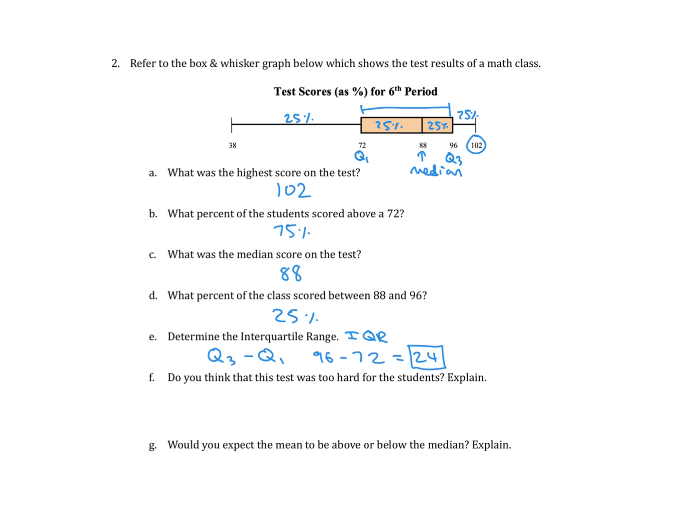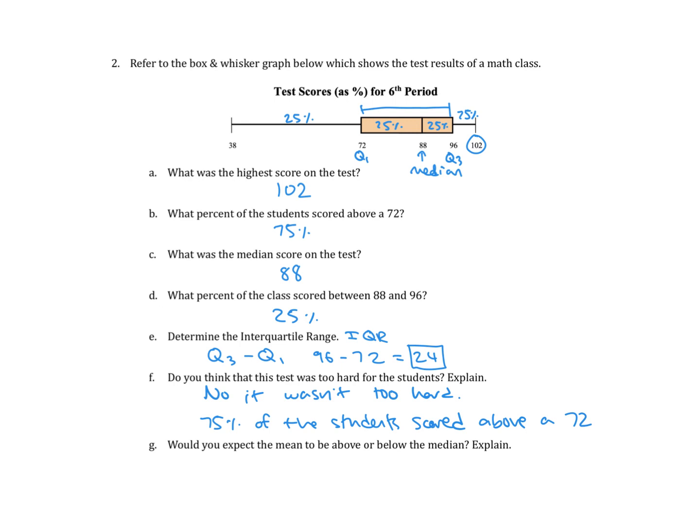The scores could have mostly been like 70, 68, 69, and maybe just one person got a 38. We can't tell where the data values fall within there, but that 38 might be what we call an outlier, a much lower number that skews the data. So I would say no, it wasn't too hard because most kids got a C or a 72 or higher.